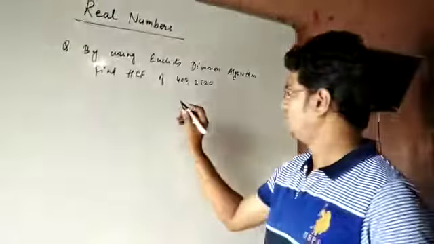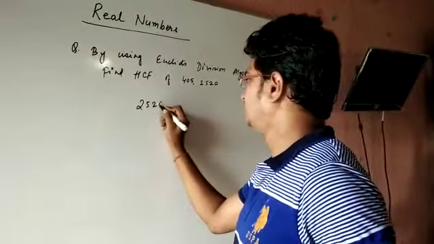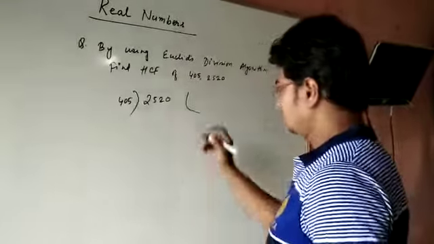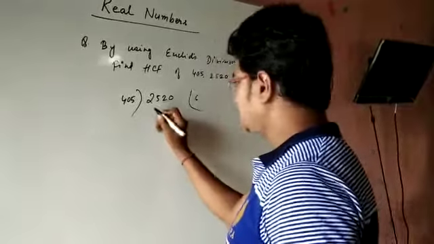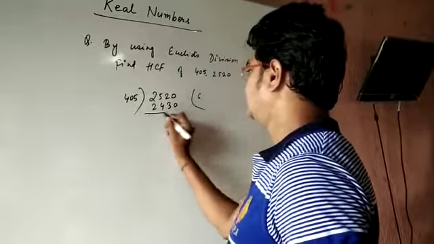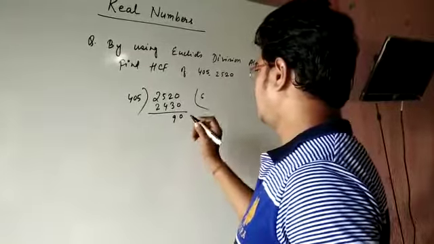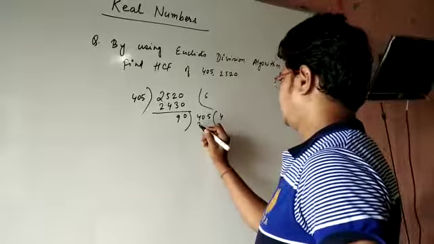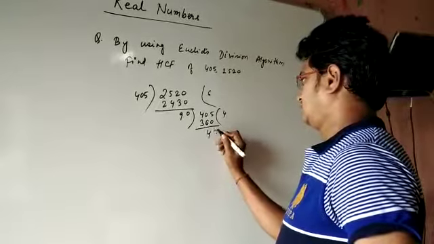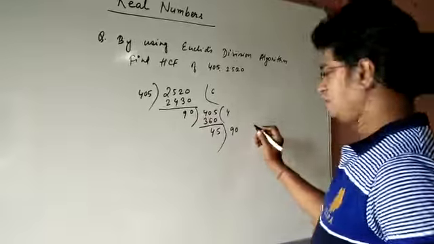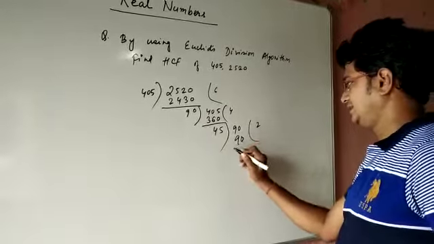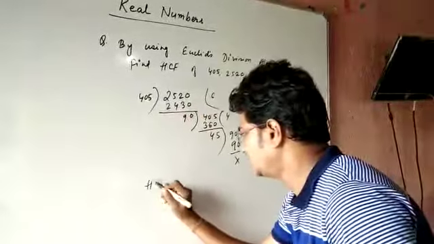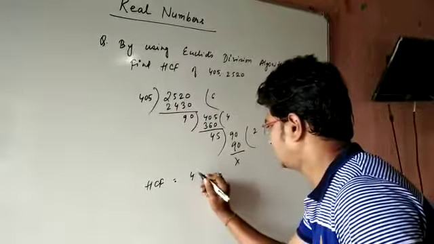First we will divide 2520 by 405. Here 6 times it is coming, 2430, and the remainder is 90. Then 405 divided by 90, 45 twos are 90, so the remainder becomes 0. So from here your HCF is equal to 45.